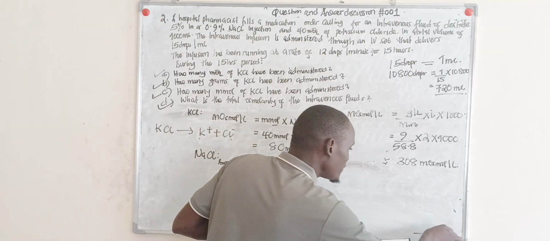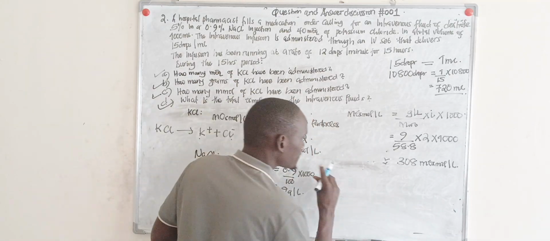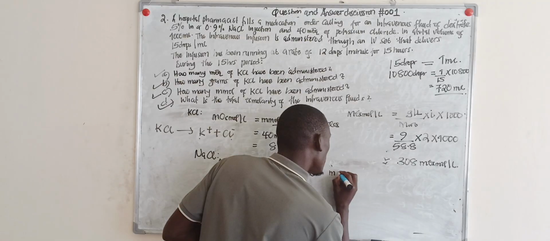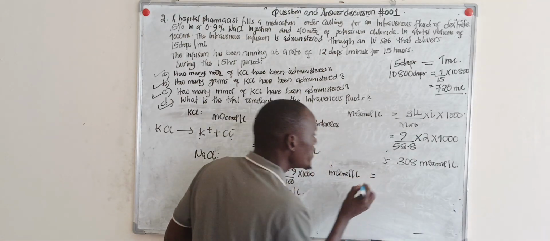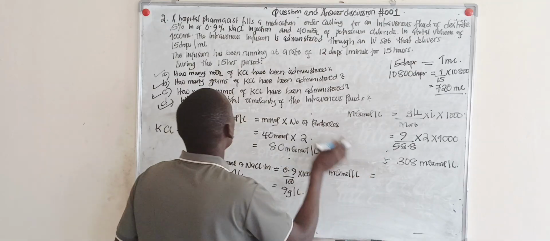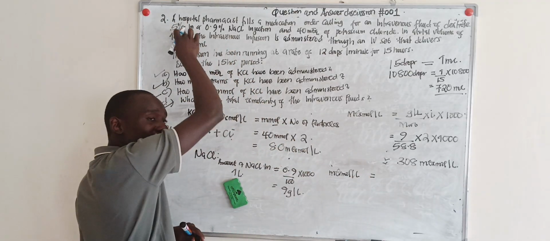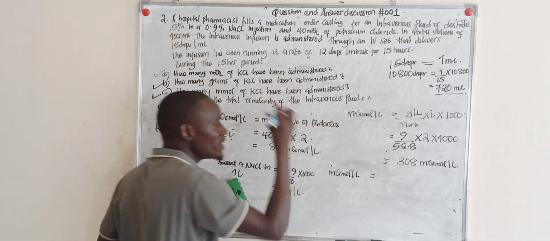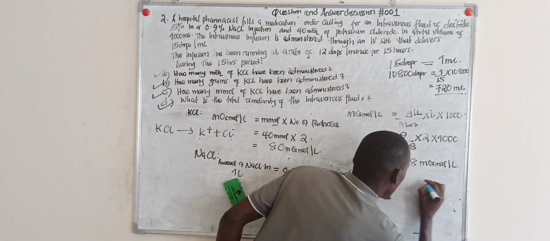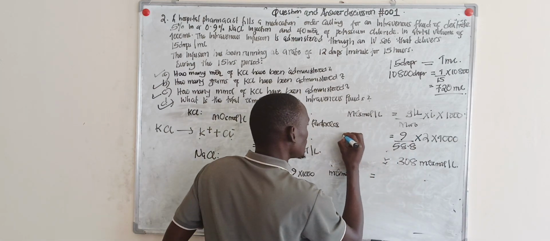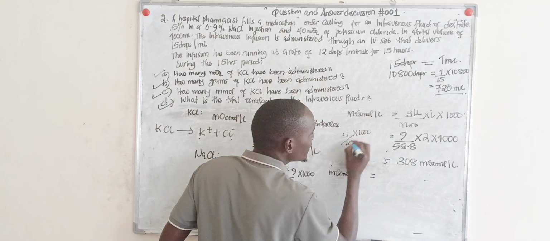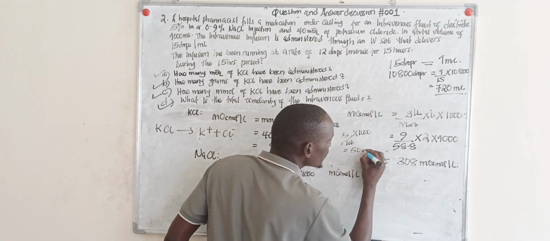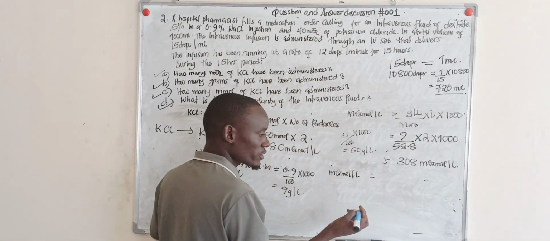Our next thing is dextrose. So mosmol for dextrose per liter will also be equal to the mass of dextrose. They have given us the one in 100 mils. So we shall say 5 divided by 100 times 1,000. We are going to get 50 grams per liter of dextrose.